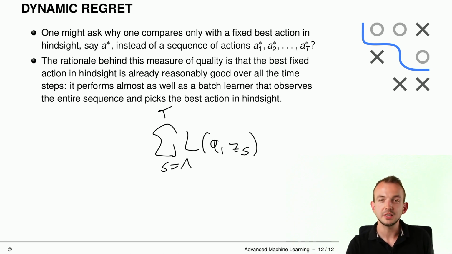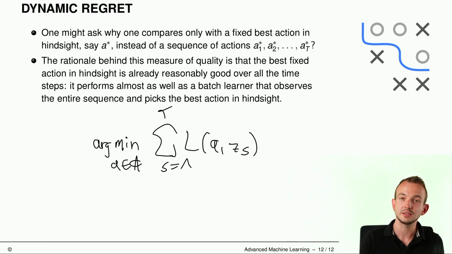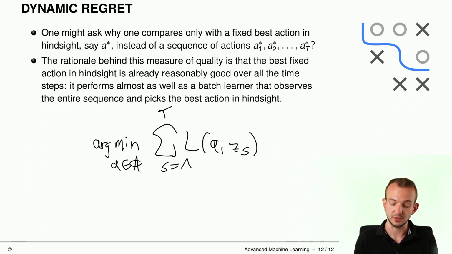So if this A is a model, the S are your data points you have. What you do in empirical risk minimization is you look for the best model inside your model class, if A is the model class, which is minimizing the cumulative loss.